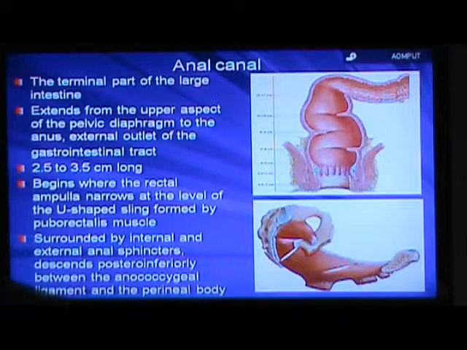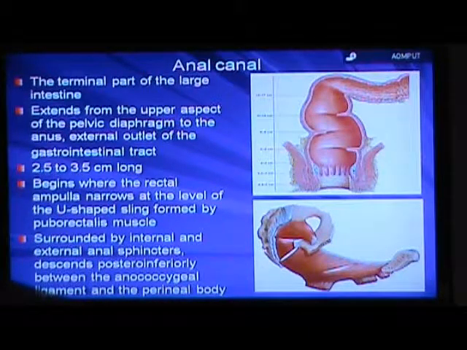It extends from the upper aspect of the pelvic diaphragm to the anus, the external outlet of the gastrointestinal tract. It is 2.5 to 3.5 centimeters long. It begins where the rectal ampulla narrows at the level of the U-shaped sling formed by the puborectalis muscle.